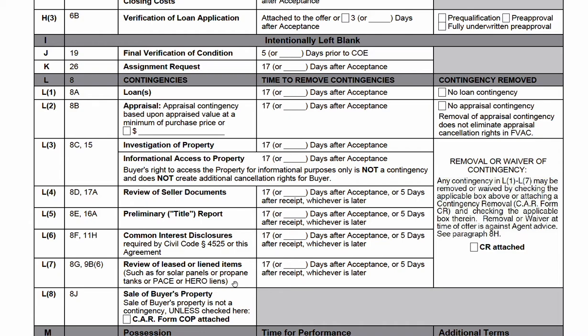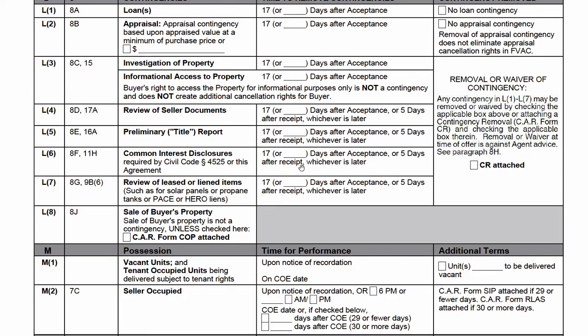And it's good in some respects because sometimes you don't know about leased items. That's typically solar, for example. Or you might not get HOA docs on time. But basically, this whole section is kind of the buyer investigation and inspection contingency. And now if this is going to be waived, then you have to check this CR box and do a separate contingency removal form.